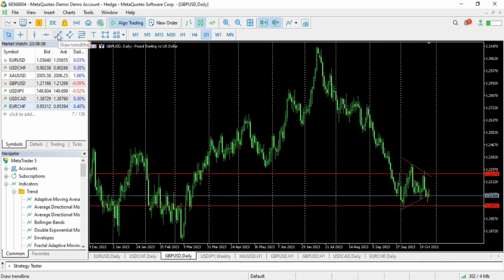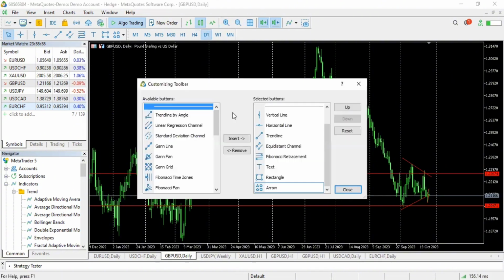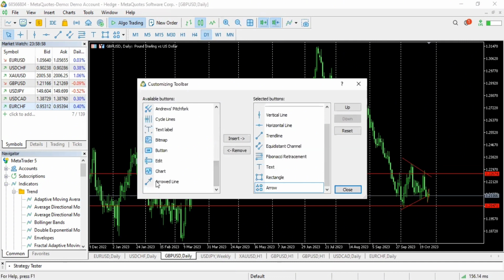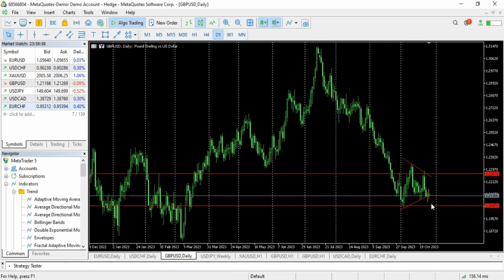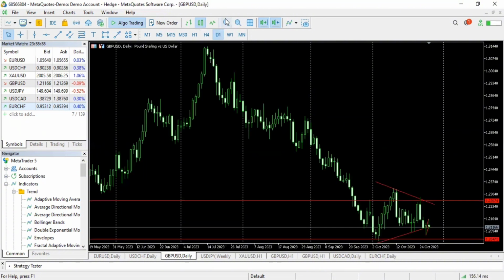So if you would love to trade pounds dollar, I would recommend you don't even sell here. Remember, this is an engulfing candle. So okay, look at, in fact, it's so tricky here.